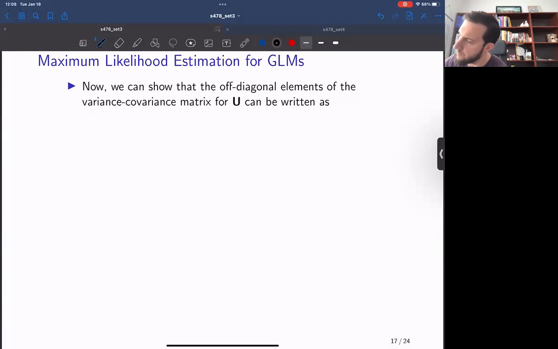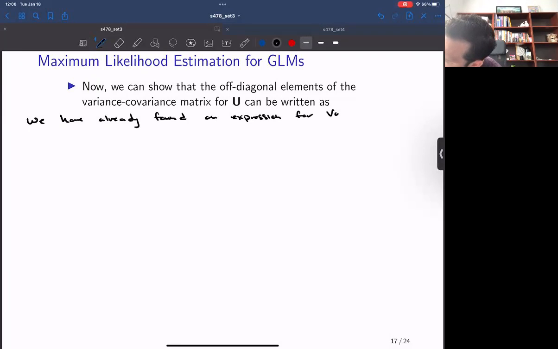Okay, so we should write, we have already found an expression for the variance of the score function.